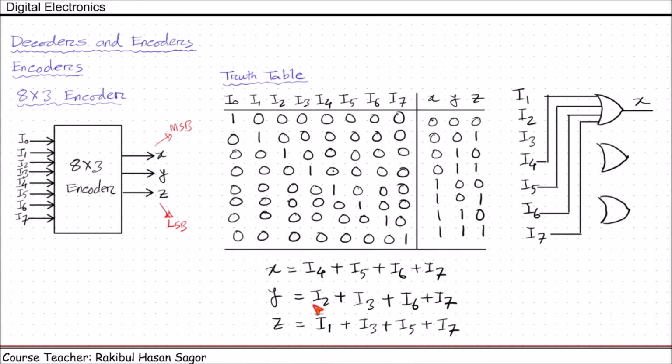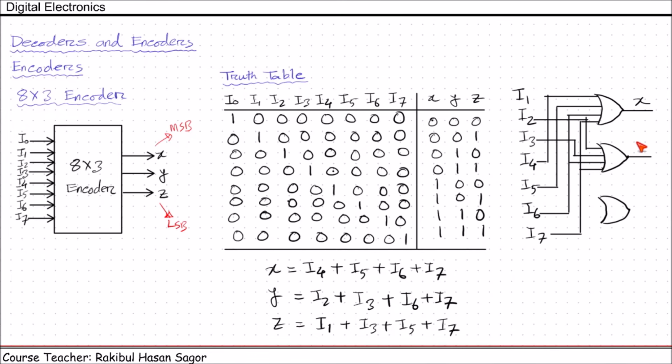Next, Y is the combination of I2 or I3 or I6 or I7. So let us start from I2, I3, I6 can be taken from here, or I7.